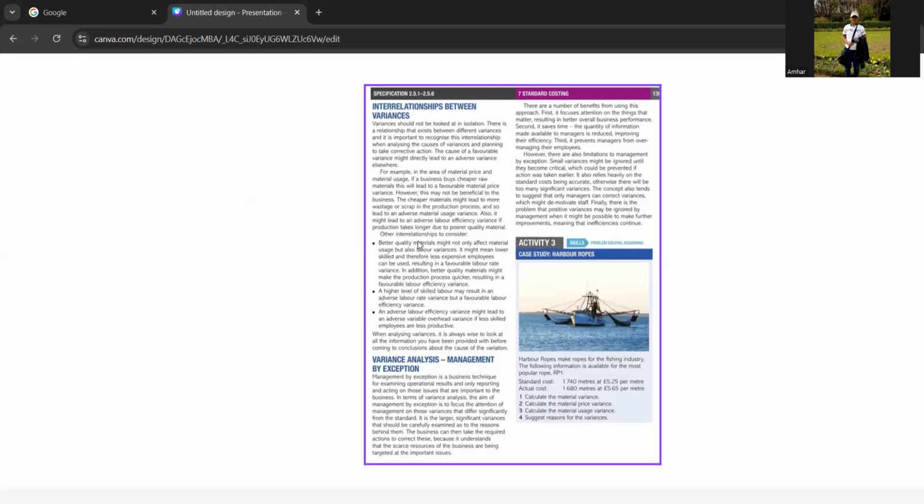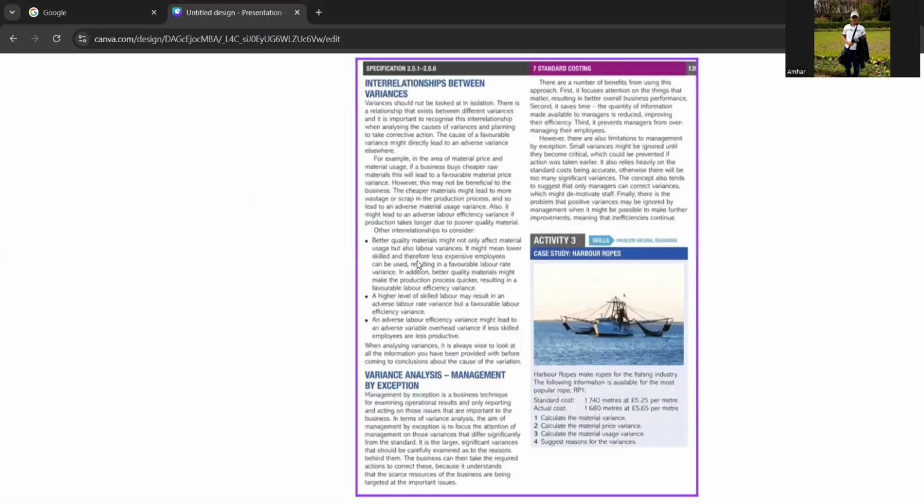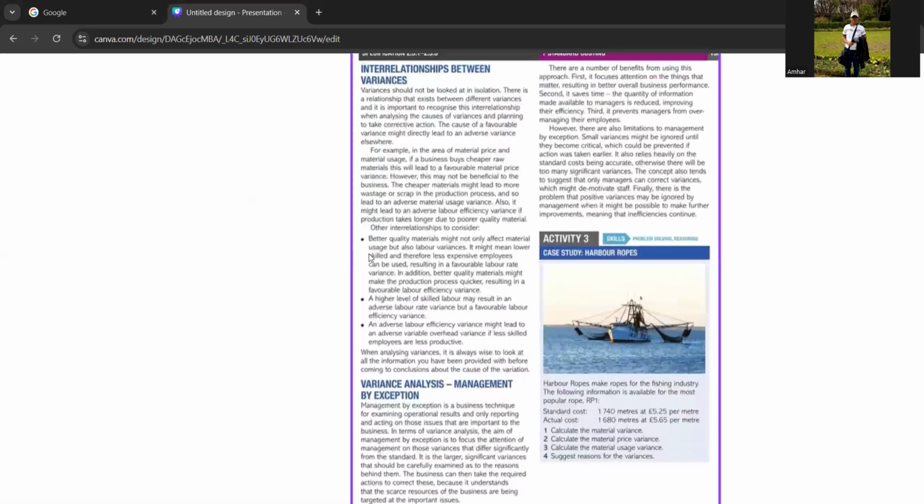Now look at the next part. Are there other interrelationships to consider? First one is better quality materials might not only affect material usage but also labor variances. If a company uses better quality material, it might mean lower skilled and therefore less expensive employees can be used, resulting in a favorable labor rate variance.